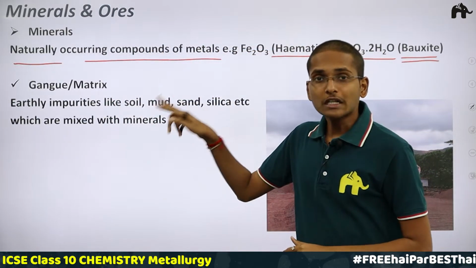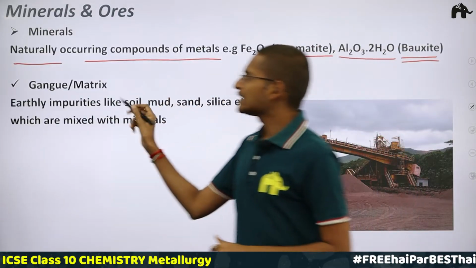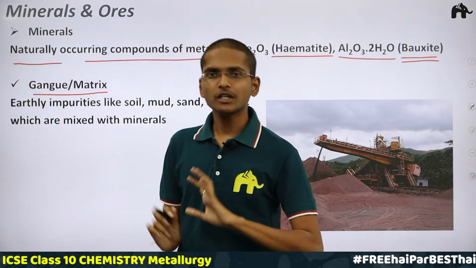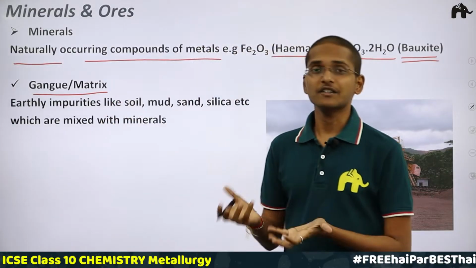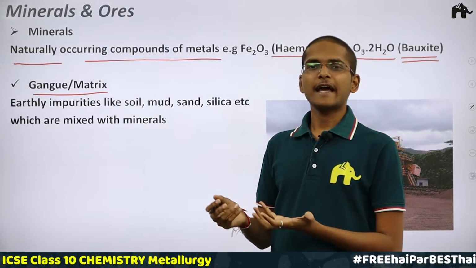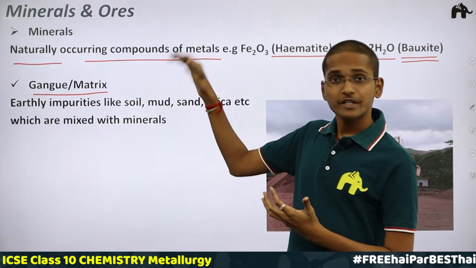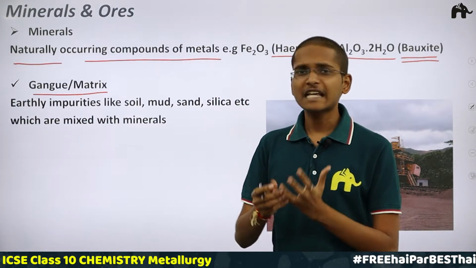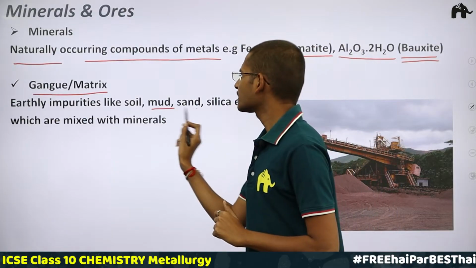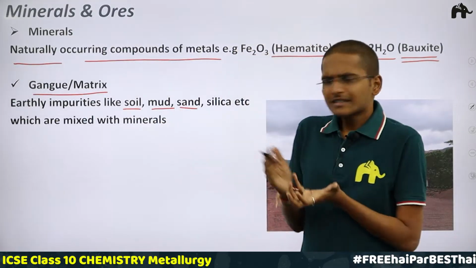Now, what is gangue or matrix then? This is a very simple question which they may ask in your exams. What is gangue or what is matrix? Because it is associated with minerals. There may be some earthly impurities like sand, soil, mud or silica.